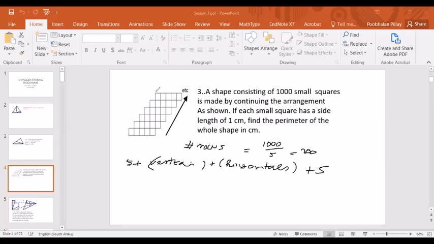So there's a vertical here. There's another one here. There's another one here. So each row gives you a vertical. And how many rows do you have altogether? You've got 200 rows.